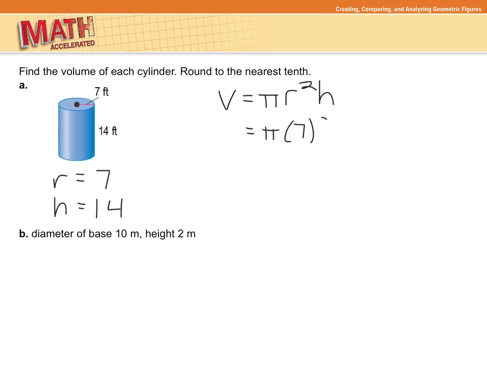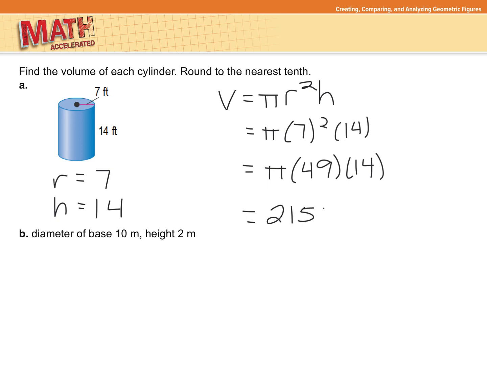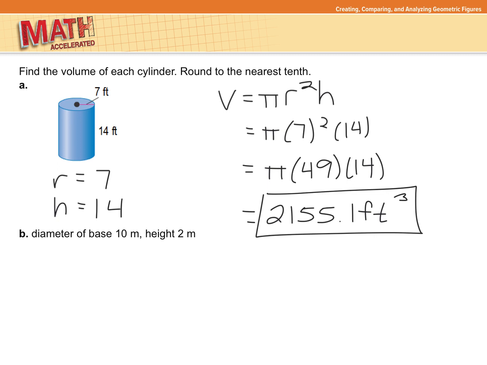So we have 7 squared. What's 7 squared? 49. Now multiply all of those together. What did you guys come up with? 2,155. Feet squared or cubed? Again, why is it cubed and not squared? Because it's volume. Okay, questions on volume of cylinders.